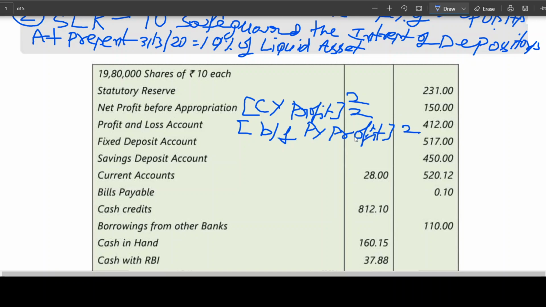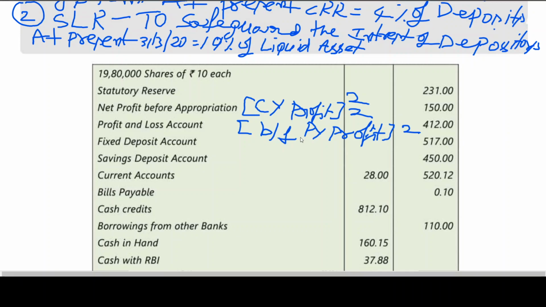Next, we got fixed deposit. Schedule, come on, tell me. 3. Savings deposit, Schedule 3. Current account, Schedule 3. But this current account debit balance is nothing but overdraft. See, on some current accounts there is overdraft; Schedule 3 is about this one. Now this is ODA, Schedule 9.